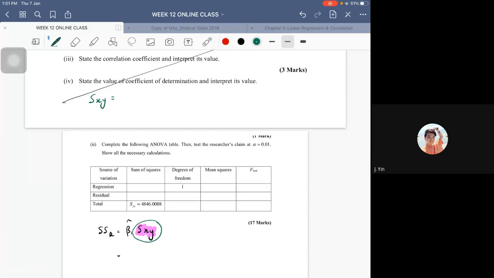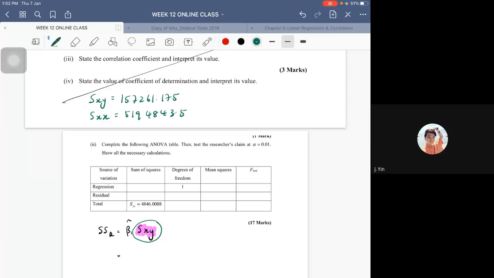I get that Sxy is 157,261.175. That is a large number. I already calculated Sxx as well, because you're going to need that in your calculation later. So Sxx is 5,194,843.5. Those are going to be the values.